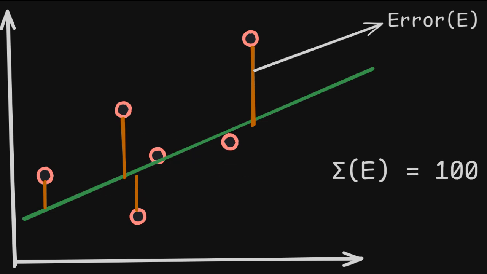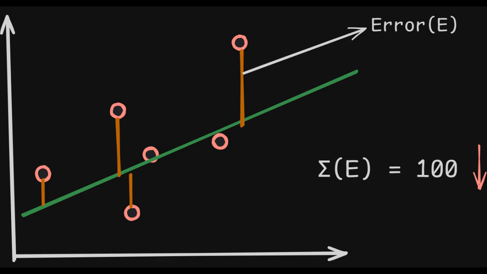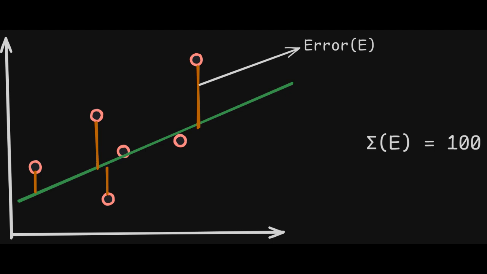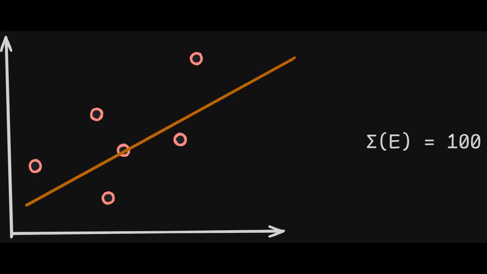So let's suppose that our error is 100 for the green line, which is very big, and hence we need to decrease it.